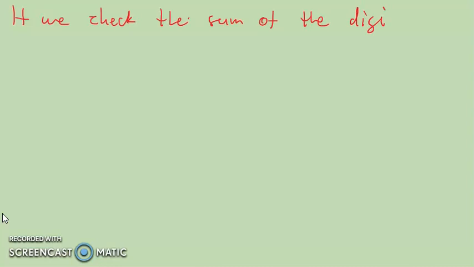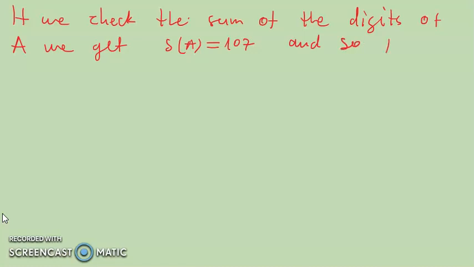So we have one more conclusion. If we check the sum of the digits of A, we get that S(A), the sum of the digits, is equal to 107, and it is not divisible by 9. So the number A is not divisible by 9, and this means 3 doesn't divide x.